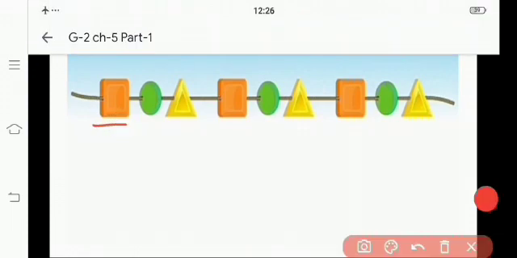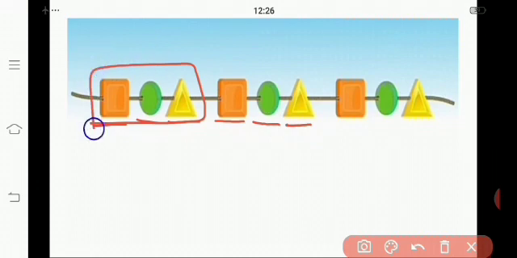Look at the bracelet. We have a square, circle and triangle. Again, we have a square, circle and triangle and so on. This is called a pattern, as it is repeating itself.